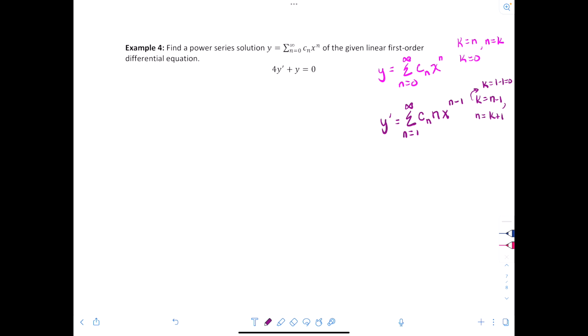All right? So y prime is now going to be the summation as k goes from 0 to infinity of c sub n. Well, we have to write it in terms of k, so that's going to be c sub k plus 1, and then times n, which is k plus 1, times x to the k.